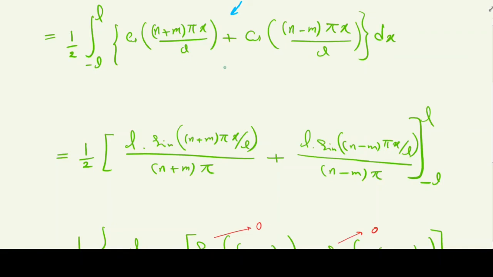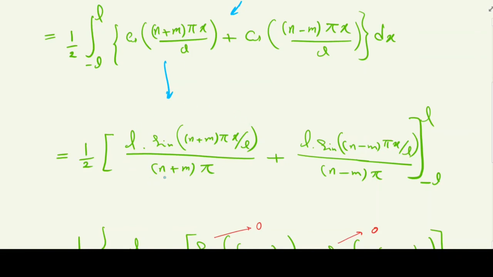So our integral is much easier to evaluate now. We have two cosine functions here. For the first one, cosine of n plus m times pi x over L, the integral is sine of this argument multiplied by L divided by n plus m times pi.